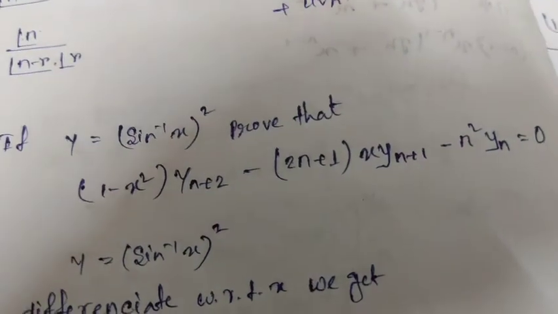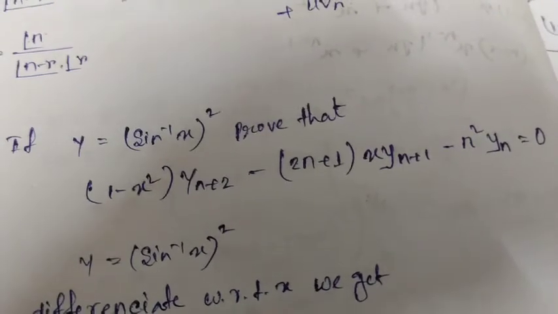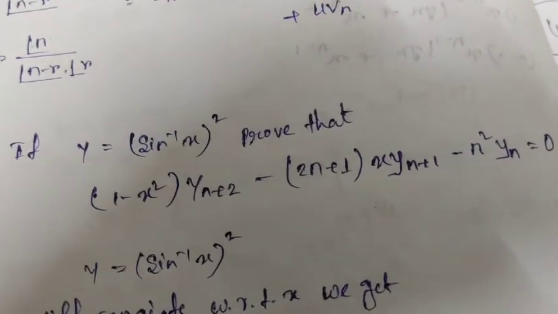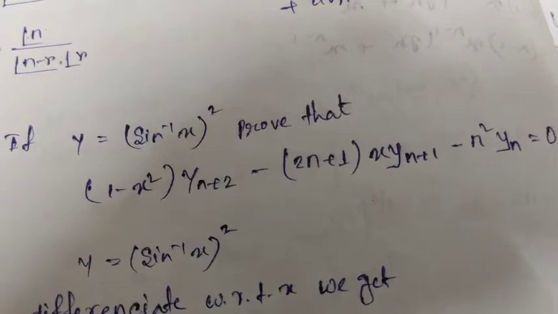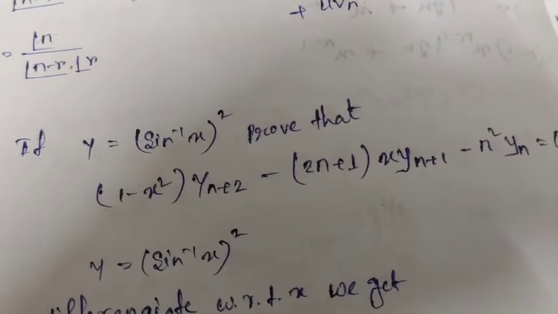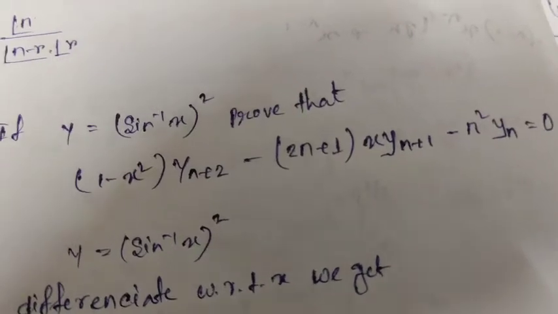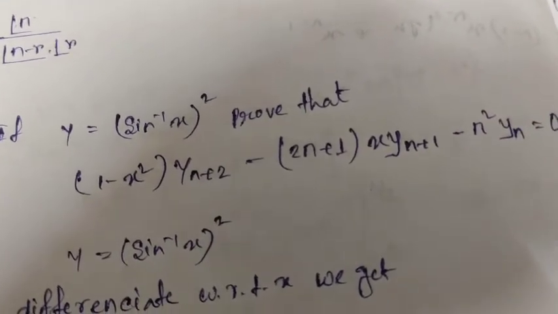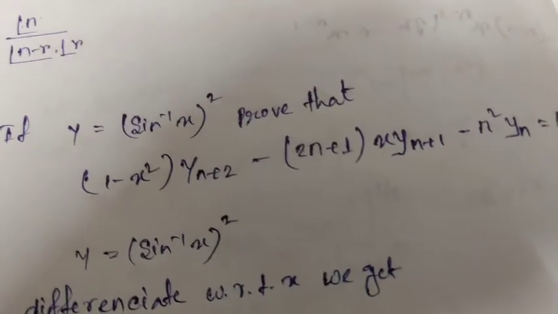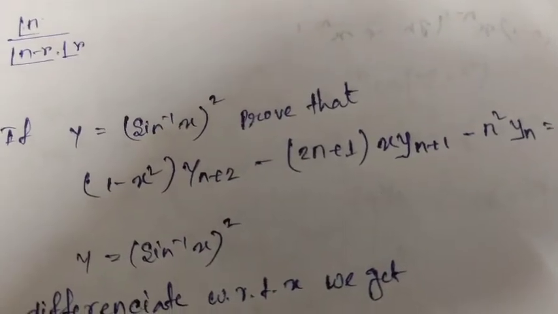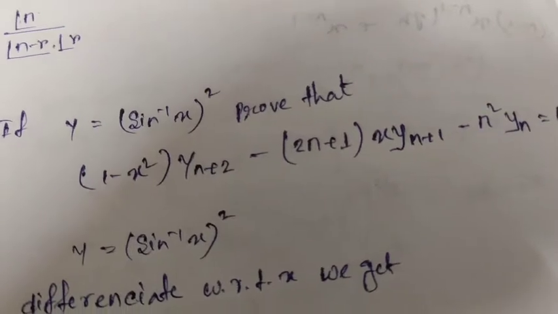So first we have to find the second order derivative of the given function, and then we use the Leibniz theorem. That means when we use the Leibniz theorem, we have to check the highest order derivative, and based on this we decide how to use the Leibniz theorem.